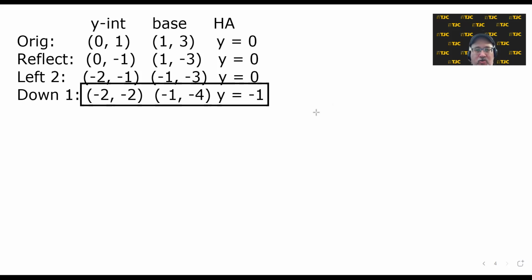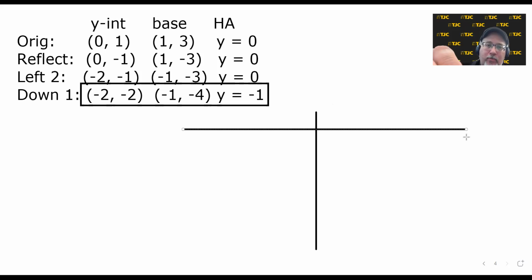So as we sketch this graph, we're not going to need any room above the X-axis. We will need room below it though. Now our X's of concern are at -2 and -1. So we'll just go back to -1 and -2. Our Y's of concern, looking at the 2 points in the horizontal asymptote, are -1, -2, and then down to -4.